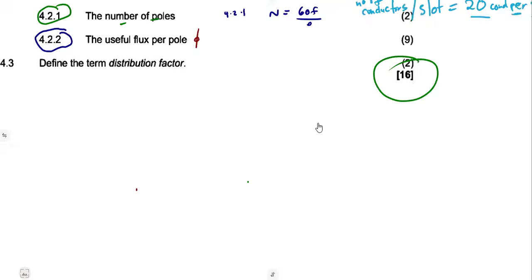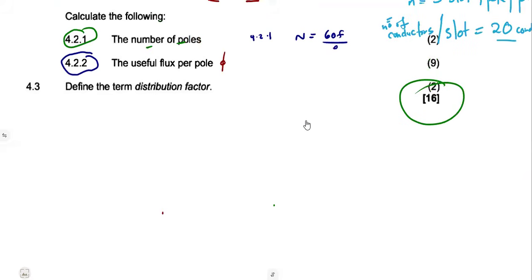The distribution factor is the ratio of the actual EMF obtained to the EMF that would be concentrated in one slot only. In one slot only. So, like I said, let us go through those definitions that we had on the introduction video.